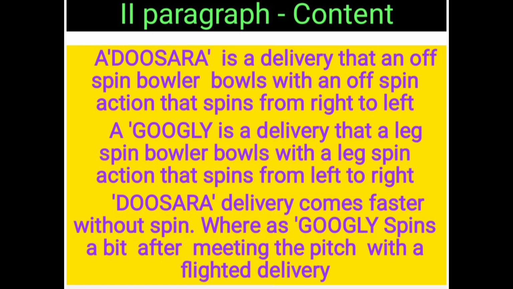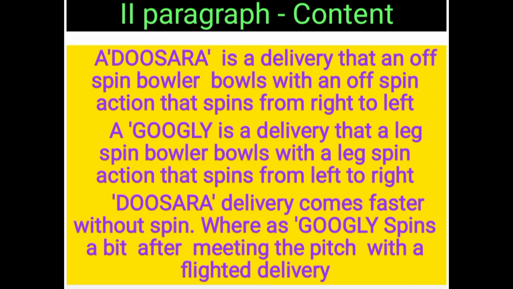Dusra delivery comes faster without spin, whereas Googly spins a bit after meeting the pitch with a flighted delivery. Here in this paragraph, I have given detailed information about the two different types of deliveries. One is Googly and another is Dusra.